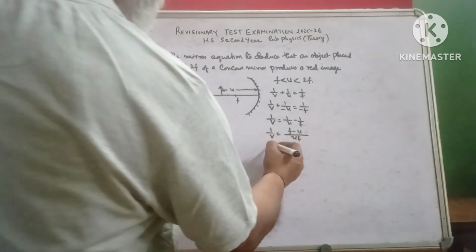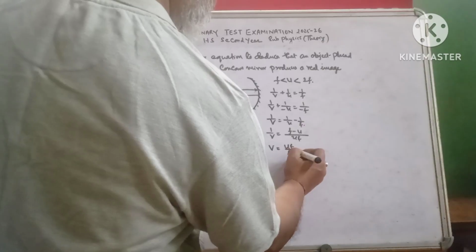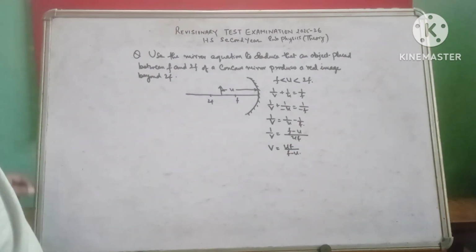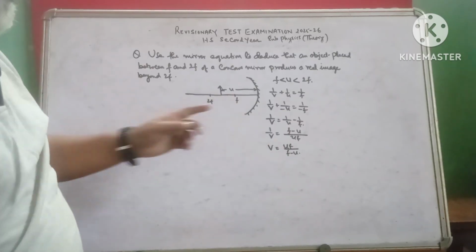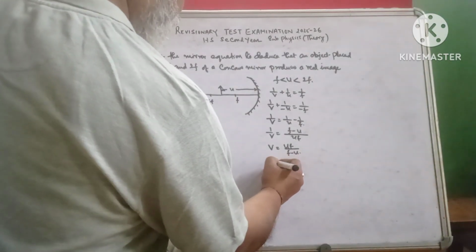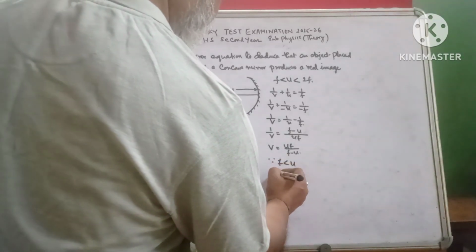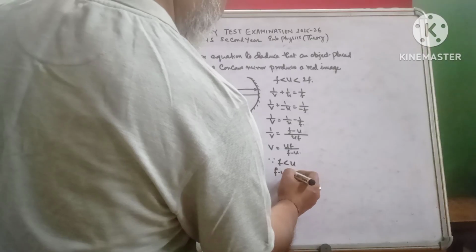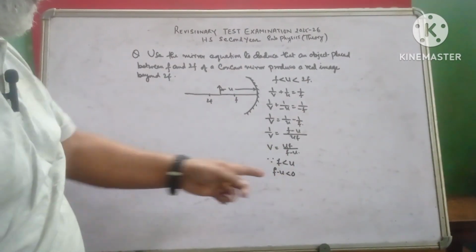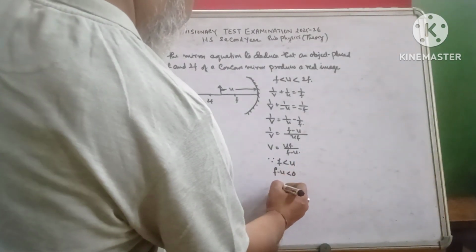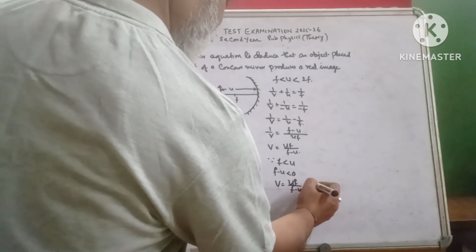So here V is equal to UF by (U minus F). Since F is less than U, F minus U is less than 0.